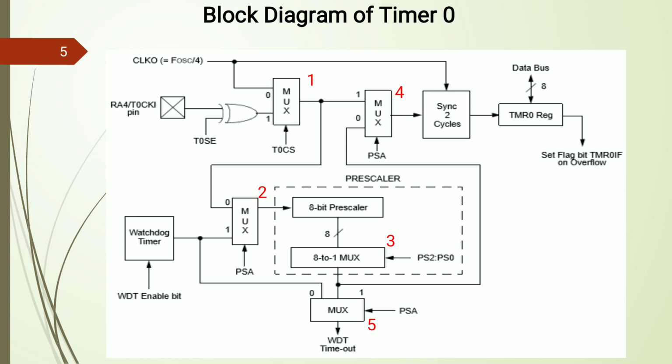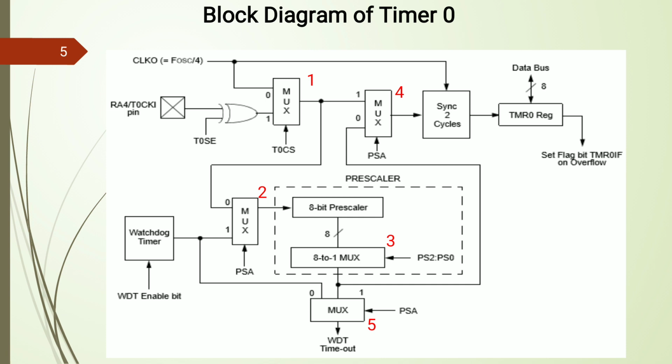At MUX 4, as PSA is equal to 0, the output coming from MUX 3 is connected to the synchronization circuit, or synchronization cycles. This output is then applied to the next circuit, that is synchronization, and after that it is applied to Timer 0.